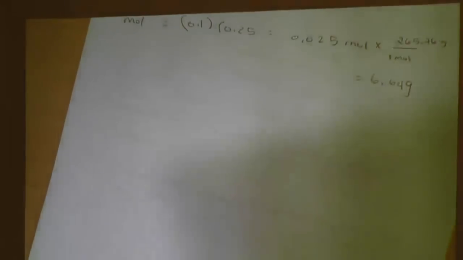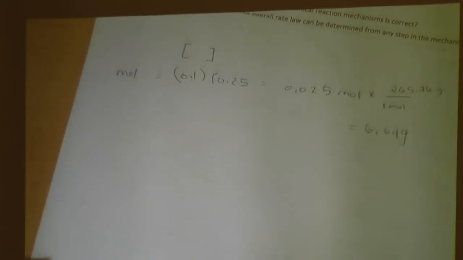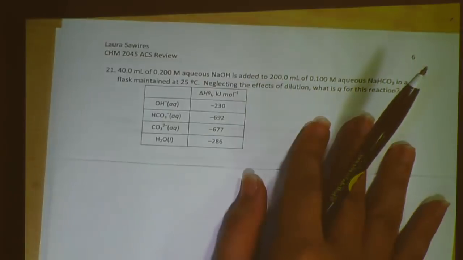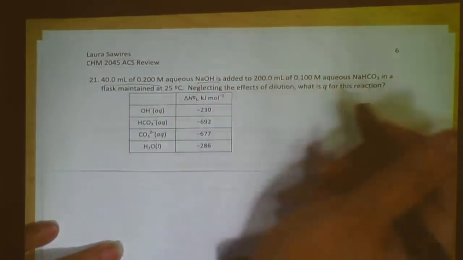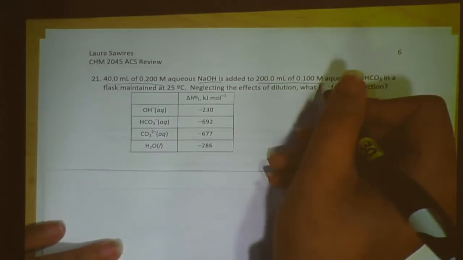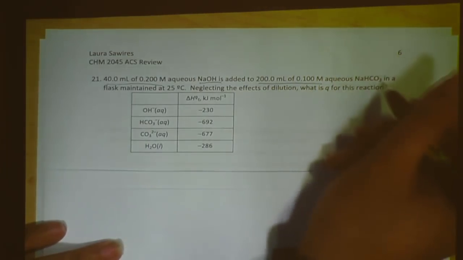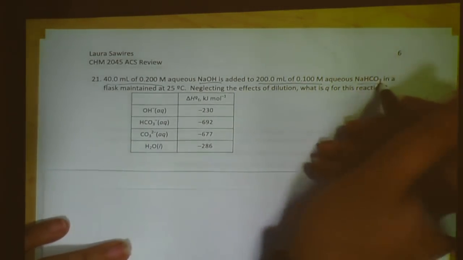There's another 21. The other 21 says you have 40 milliliters of 0.2 molar aqueous NaOH added to 200 milliliters of 0.1 molar aqueous NaHCO3 in a flask at 25 degrees Celsius.